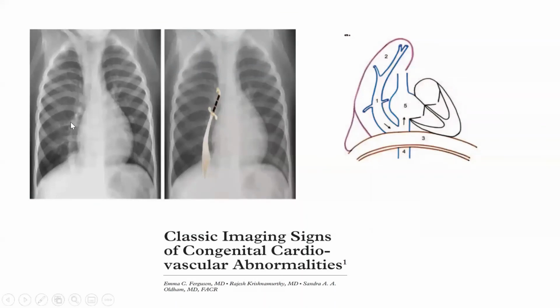Now, what is this? If you see this one here, which looks like the Turkish sword, this is what? Scimitar. This is anomalous drainage of the left pulmonary vein. Very good. This is scimitar syndrome.